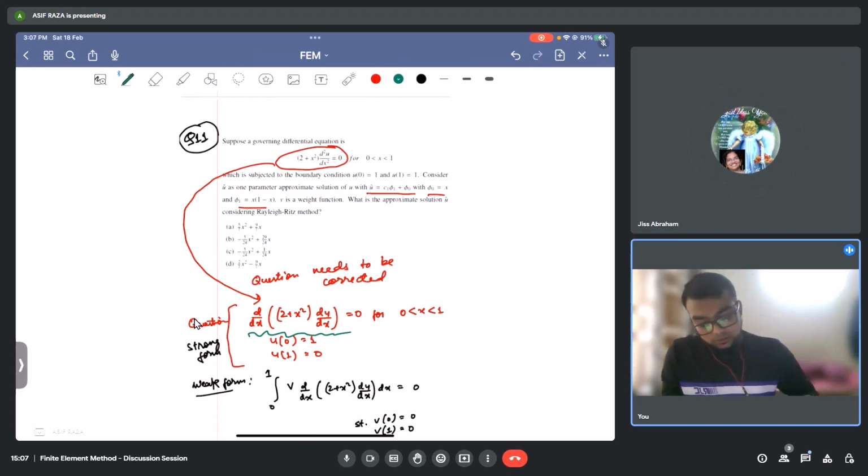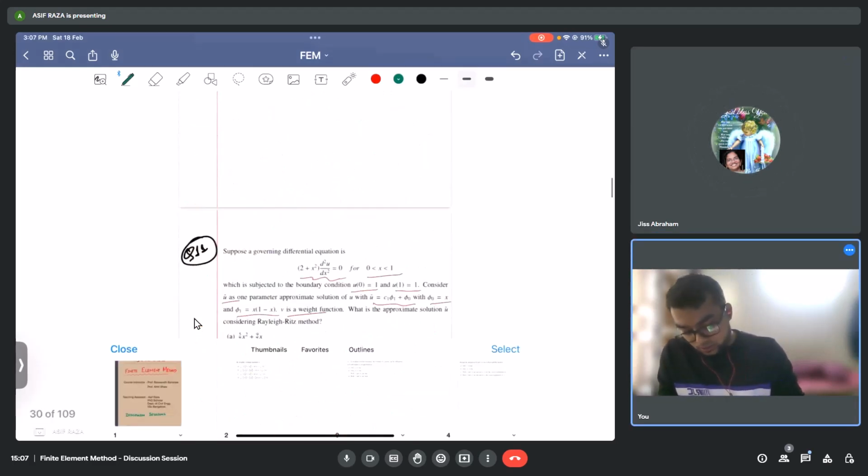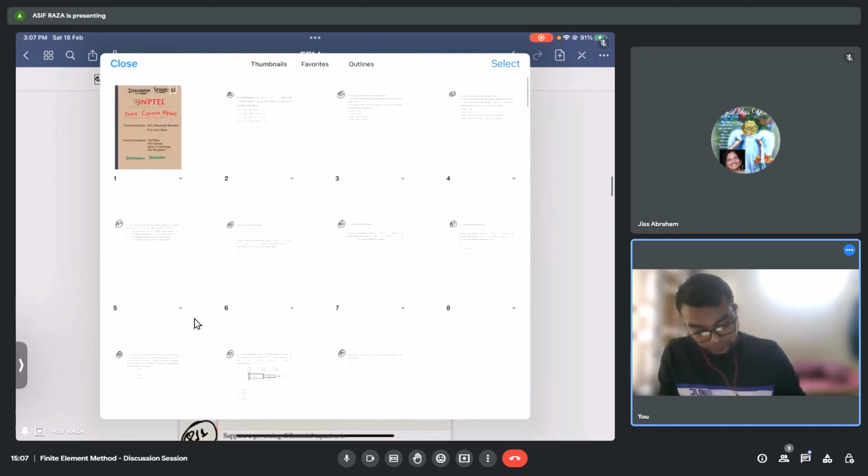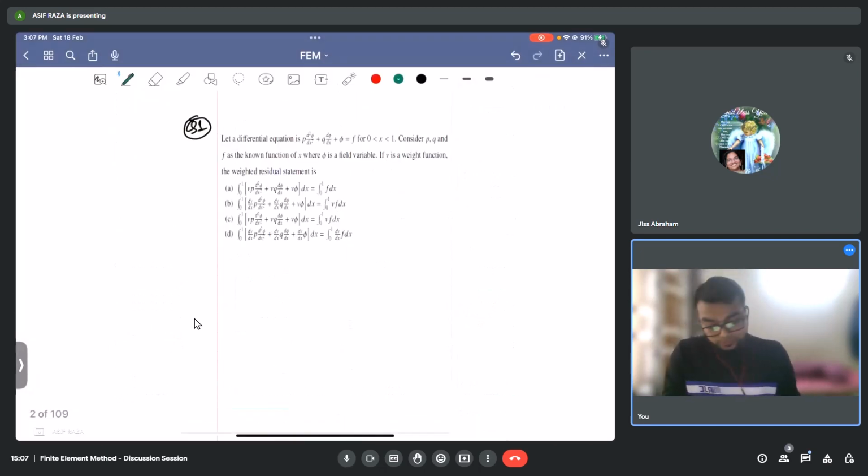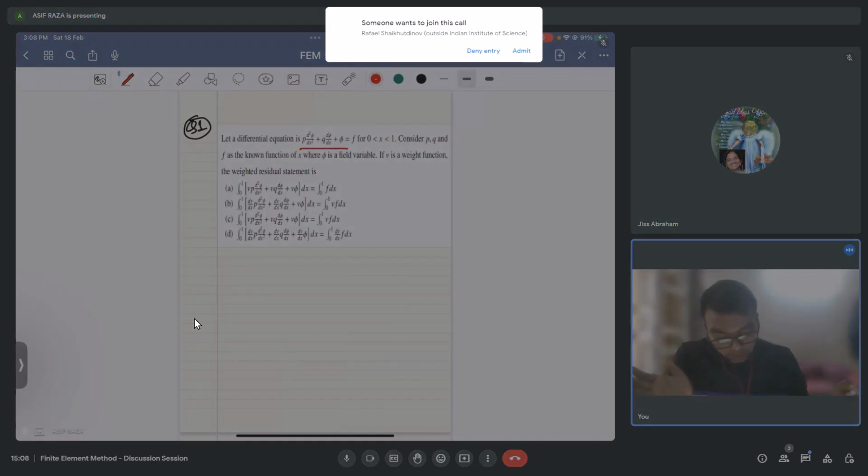Now let's move on to the discussion of this week's questions. Here is the first question. Let a differential equation be p second derivative of phi plus q first derivative of phi plus phi equal to f, for the domain from 0 to 1.